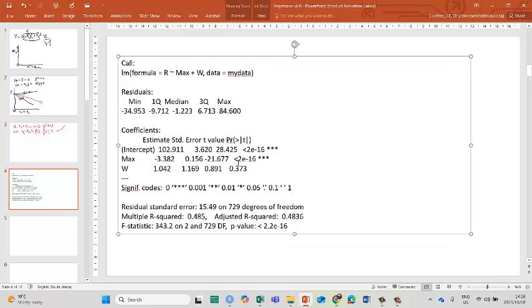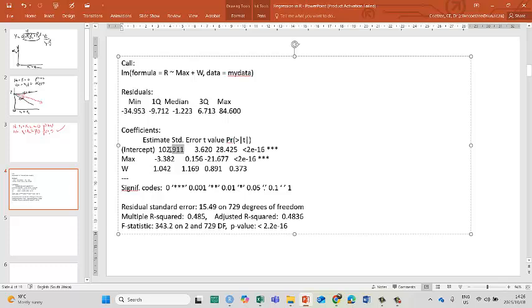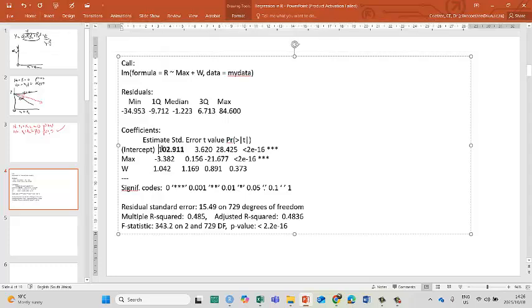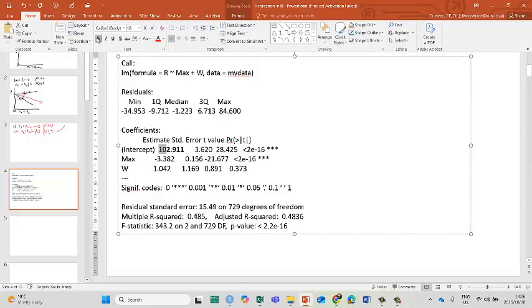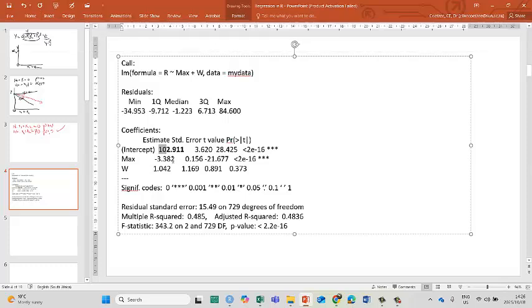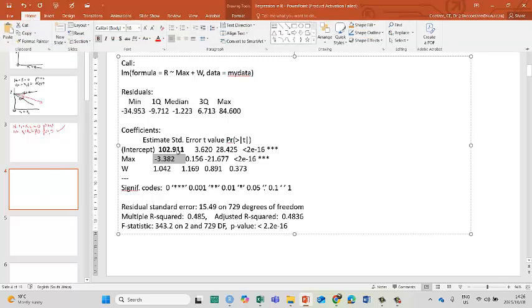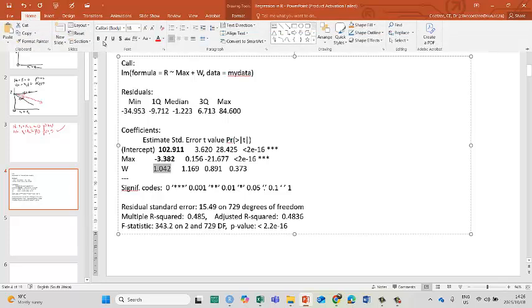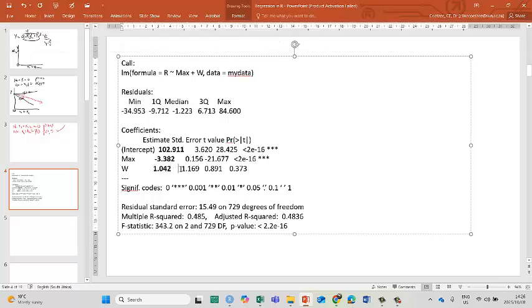There's our results. Remember, we're looking specifically at our coefficients, because that's the important part. What we want is for these coefficients to be as accurate as possible.